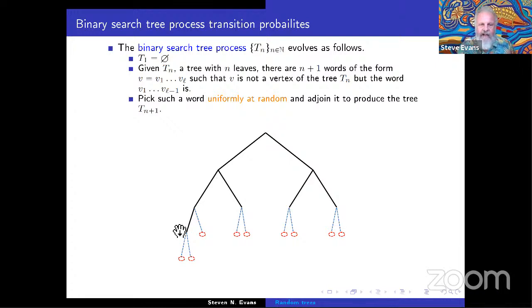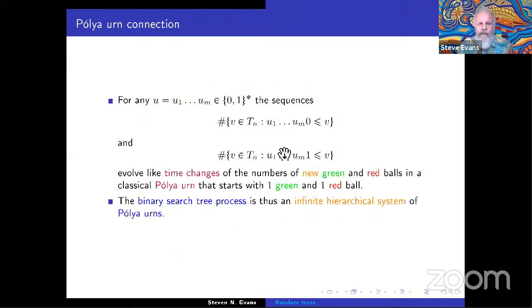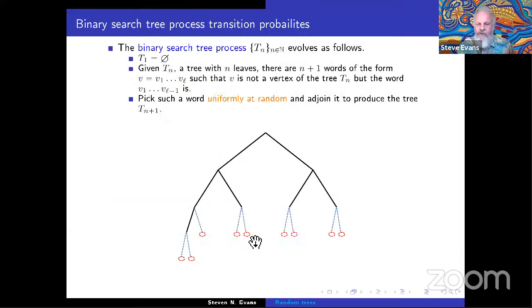So there's sort of like 4 new balls that have been added, and you know, like 5 balls in total to pick from. And similarly, there's 3 new balls that have been added, and 4 balls in total to pick from here. And that's going to be true for any vertex.